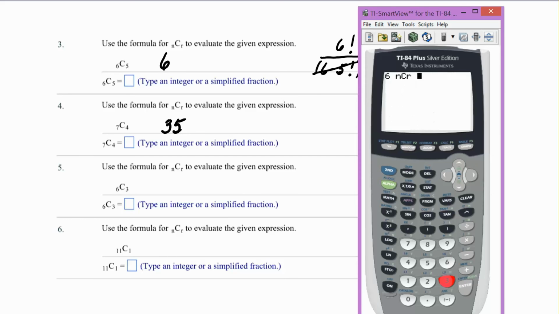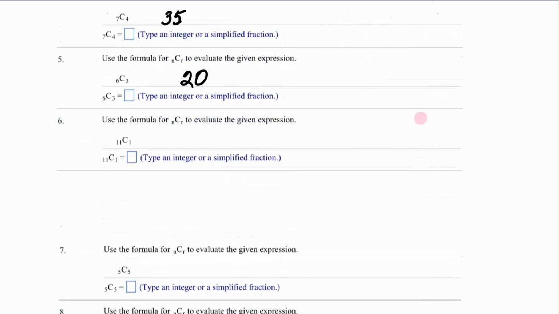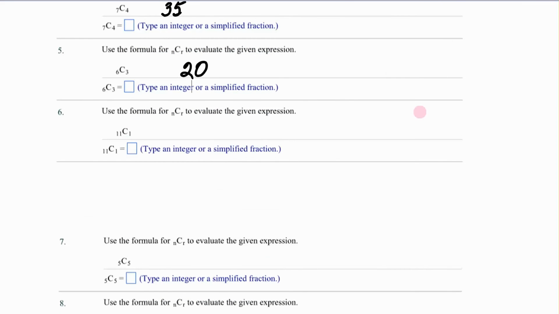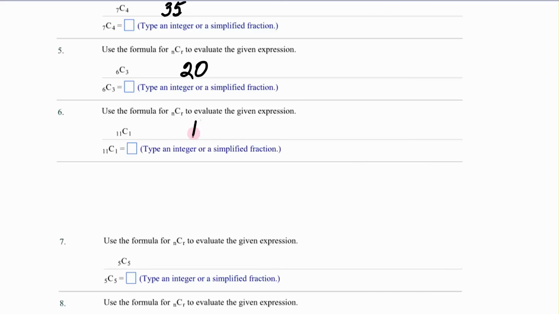Number 3, I'm doing my combinations. I'm taking them 3 at a time, and I get 20. Number 6, I have 11, math. Combination is number 3, and I'm taking them 1 at a time. That gives me 11.